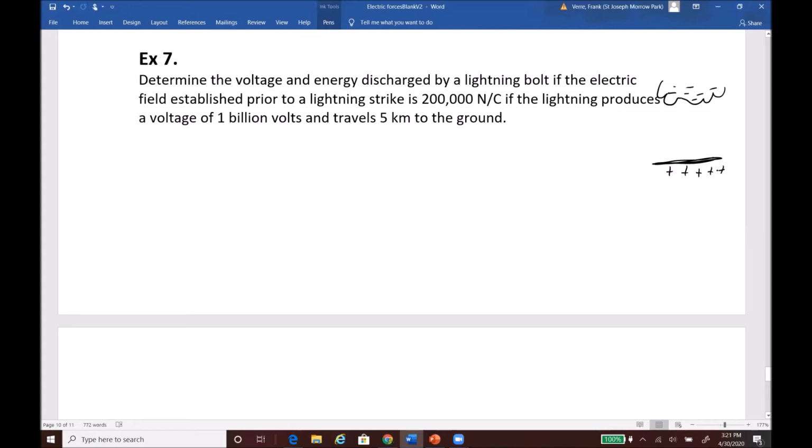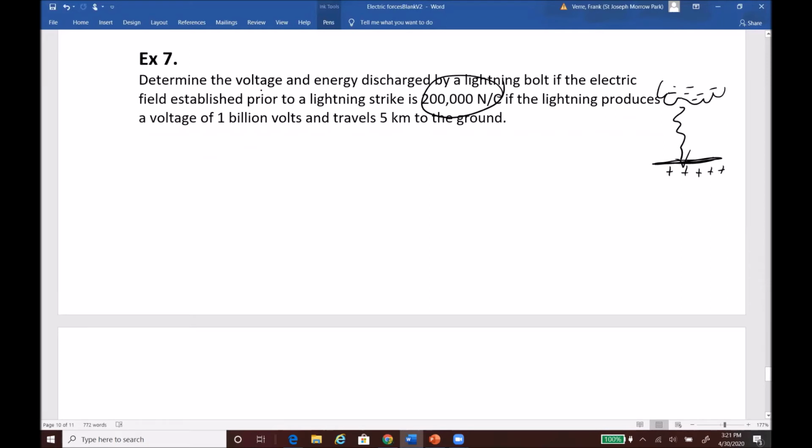The electric field strength can reach about 200,000 newtons per coulomb. And then it's so large that it will create a discharge of lightning to restore the balance, to get an equilibrium back. The electric field strength in this case is about 200,000 newtons per coulomb.